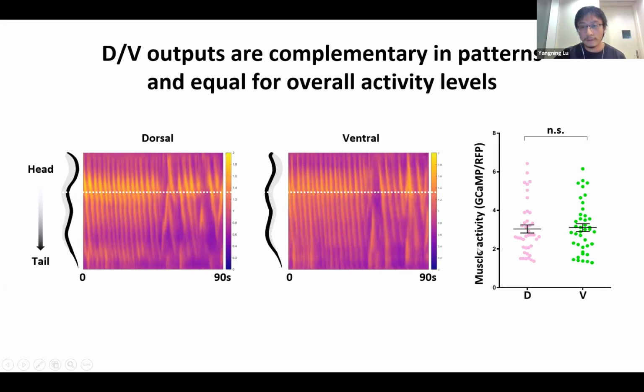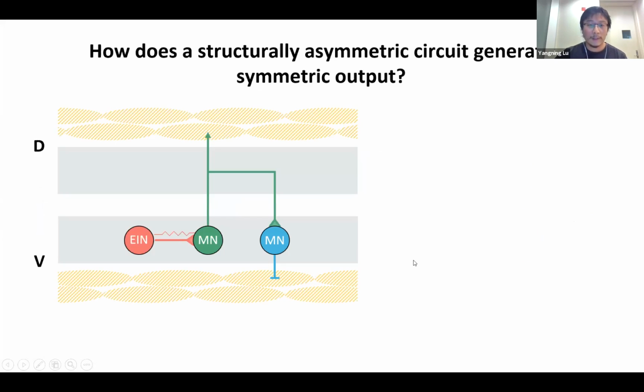The overall level of output is completely equal. And that's consistent with what we saw from our naked eyes, that yes, it's producing a sinusoidal movement with no bias. So the question becomes, how does a structurally asymmetric circuit generate symmetric locomotor output?